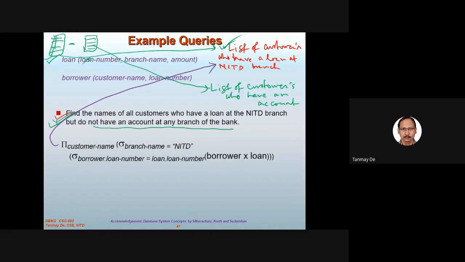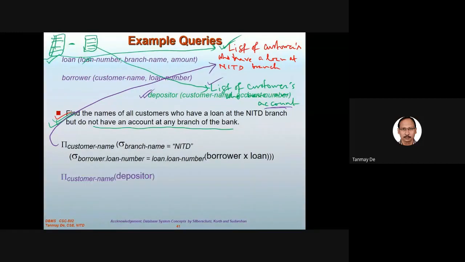Okay. Now, how do we get this other list? List of customers who have an account. To get this result, which relation needs to be consulted? Loan and borrower need not be consulted here because this is related to account. So the depositor relation needs to be consulted. Okay, so what do we write?